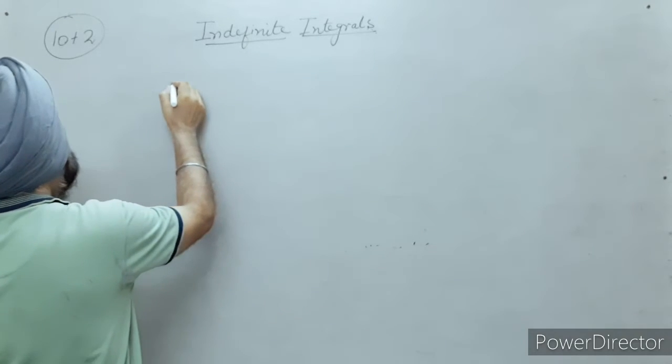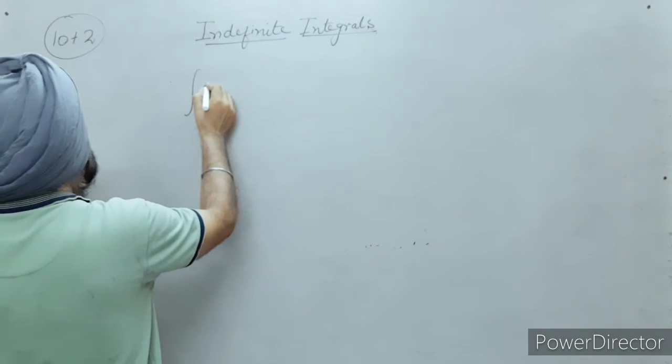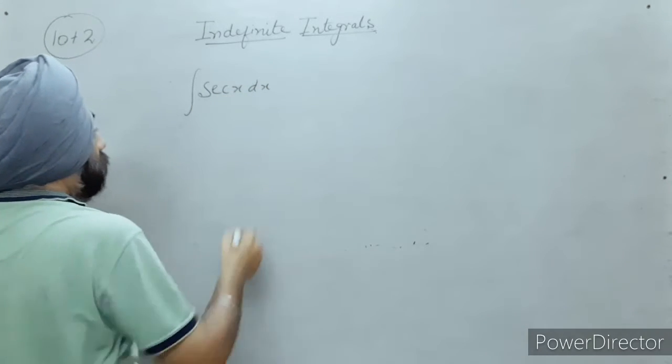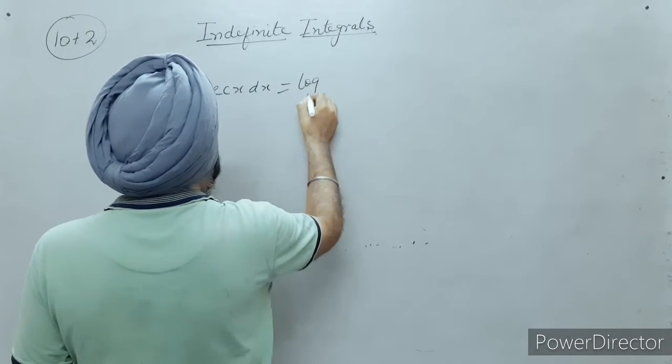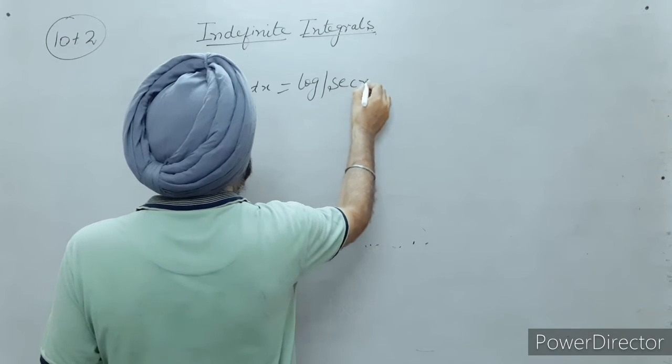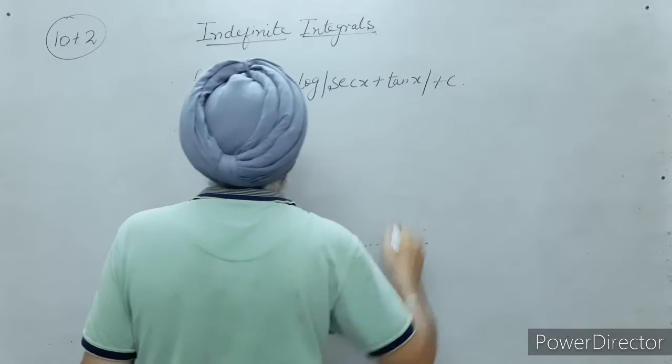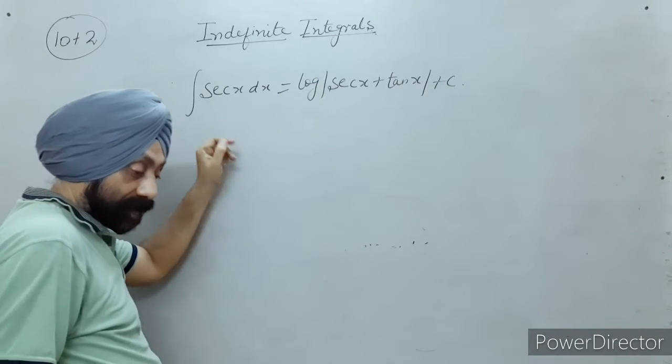To write these also, the formula is integral of secant x dx. It is log of secant x plus tan x plus c. This is the integral of secant x.